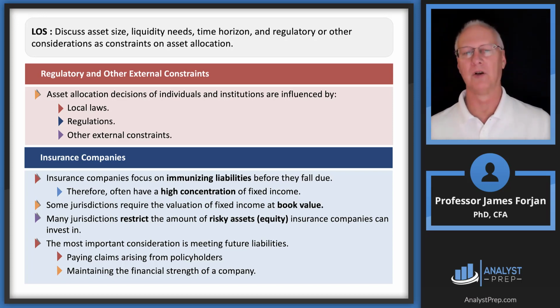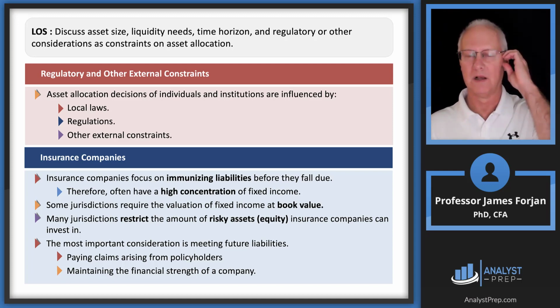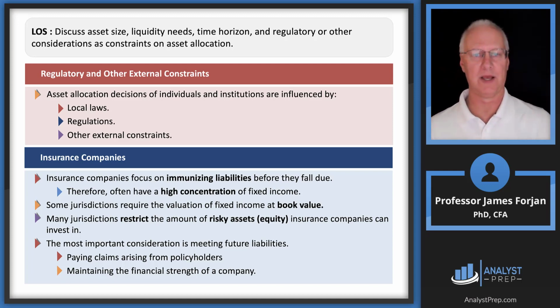Now let's go ahead and go through some of these regulatory and other external constraints for some institutions here. So insurance companies, what did we say earlier? They're going to immunize. There's that word that I was talking about, matching the investment horizon with the duration of the bond. Yeah, high concentration of fixed income securities. So that makes perfect sense.